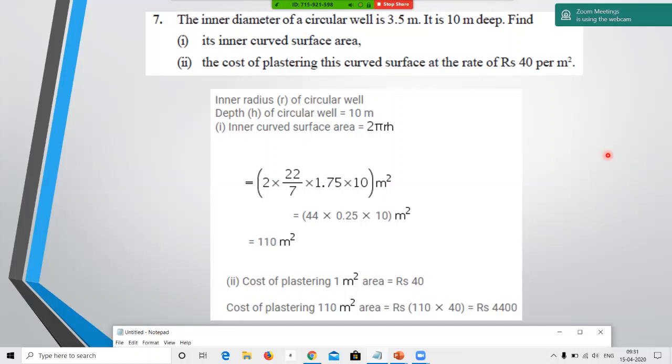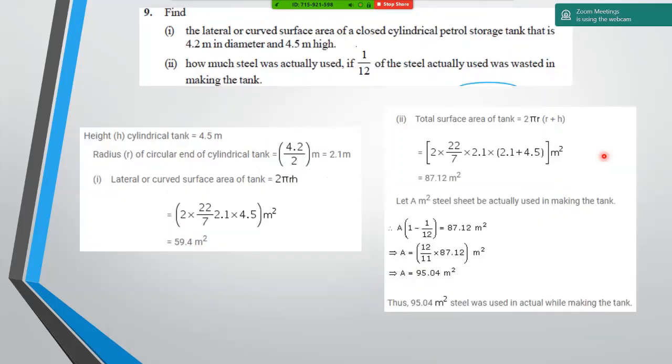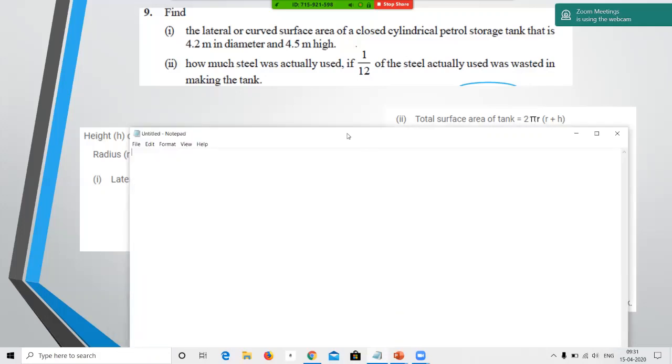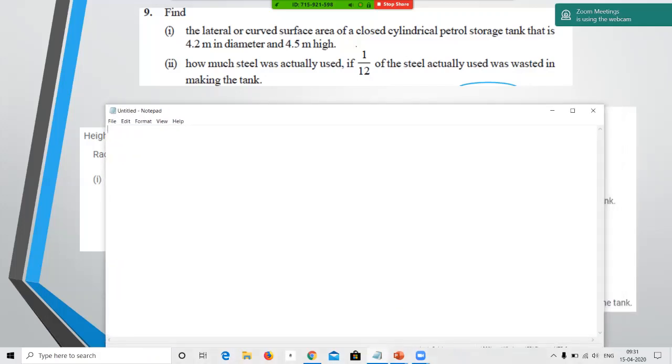Oh, perfect. Again, hiding the part. Start. Imagine when we are talking about a petrol storage tank, imagine how it looks.